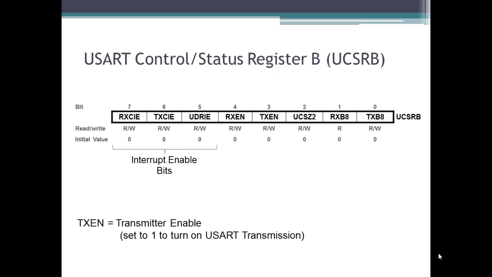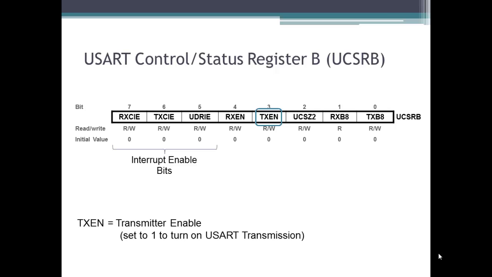The next control status register, UCSRB, contains a really important bit, in fact a few important bits to turn on to enable certain features of the USART. In today's tutorial, we're going to look solely at transmission. So bit 3 contains the flag TXEN, to enable the transmitter.